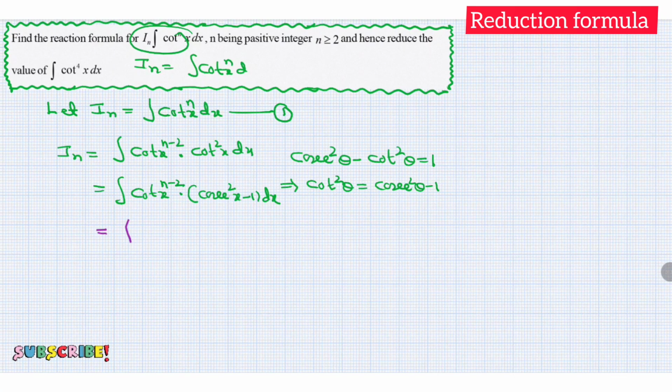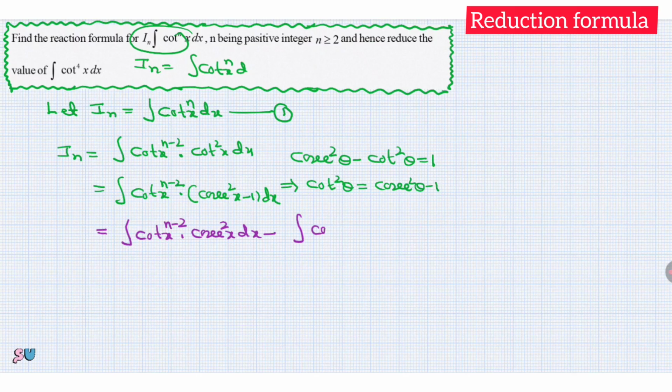is equal to integration cot x power n minus 2 into cosec square x dx minus integration cot x power n minus 2 dx.